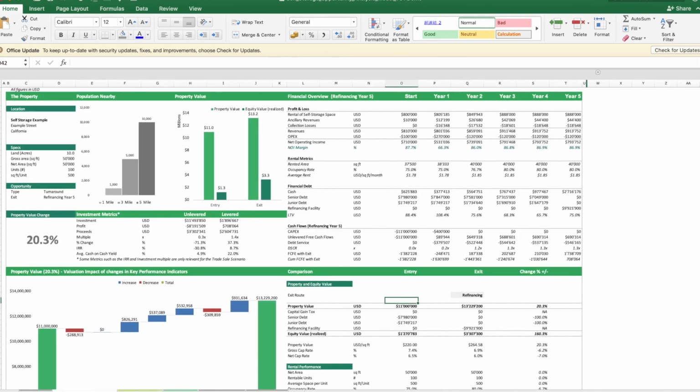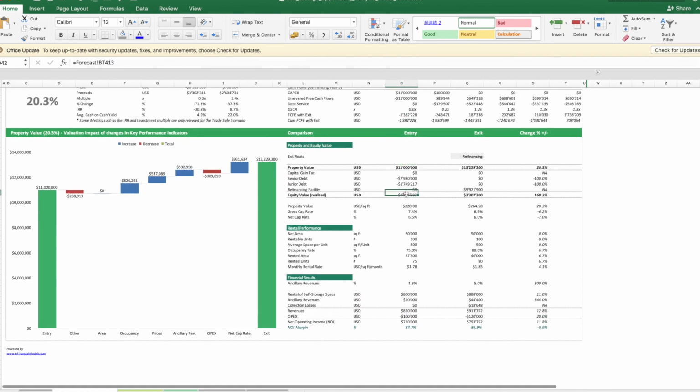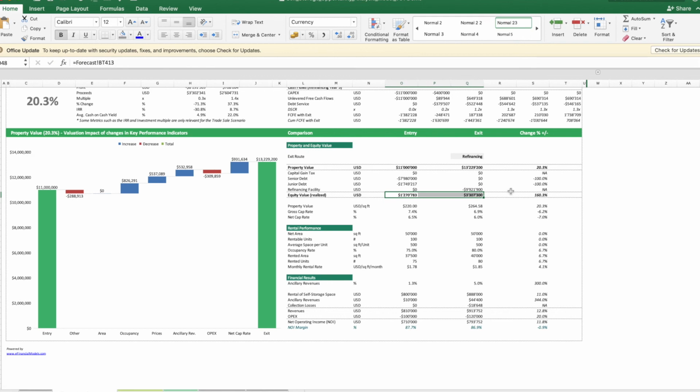And then we want to compare again, and you can see property value is unchanged, but what changed is the equity value. In this case, we can only obtain cash for 80% of the property value, so that means we have a bit less cash receipts, but the equity value realized is still telling us that we should make money when following this strategy.